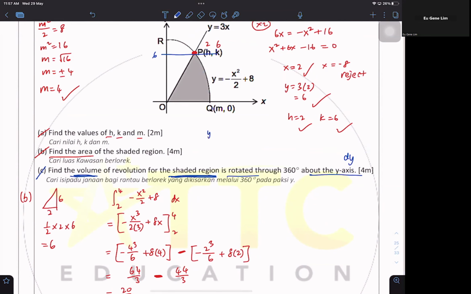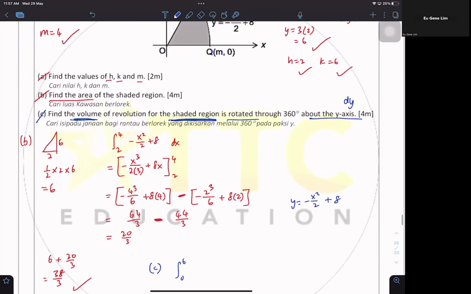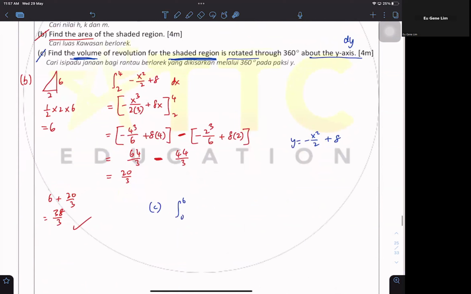Let's change the equation. Not enough space, I write here. y equals negative x squared over 2 plus 8. You have to make it in terms of y. First, bring this over, it becomes positive x squared over 2. Then the y you bring over to the other side, 8 minus y.